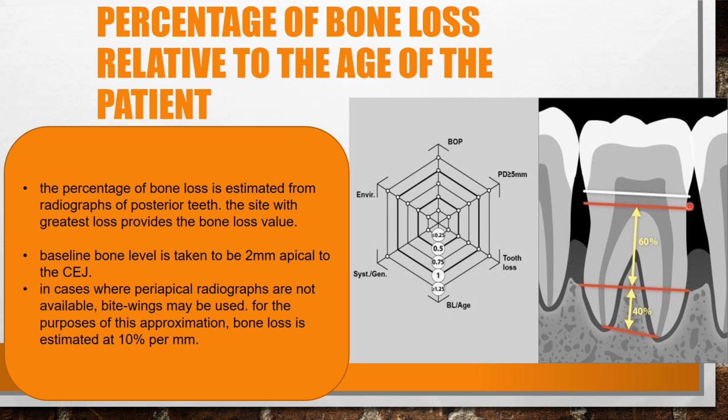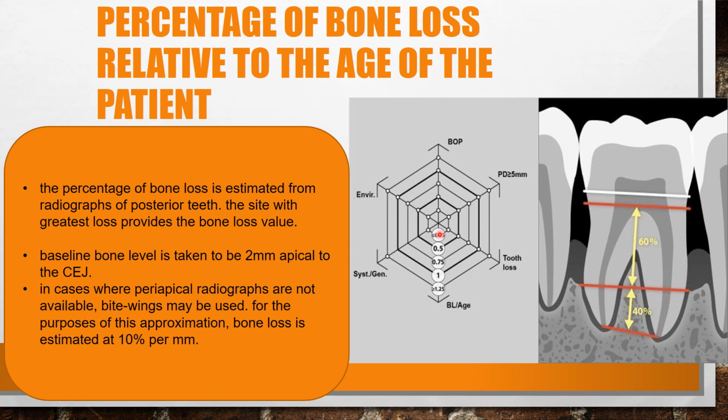The percentage of bone loss is estimated from the radiographs. So we need the radiographs to find out the percentage of bone loss in relation to age. The baseline is 2 mm apical to the CEJ, and in cases where periapical radiographs are not available, bitewings can be used. It is estimated at 10 percent per mm.